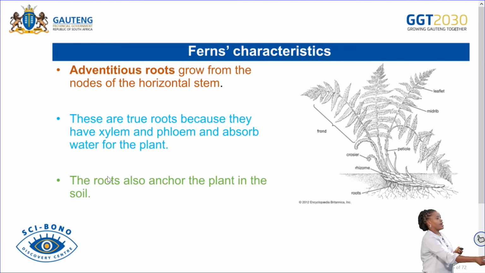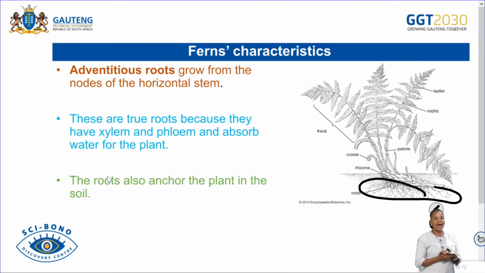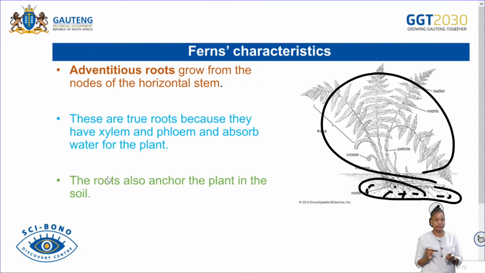These are true roots, and they are able to absorb water and mineral salts for the plant. Secondly, these roots are able to anchor the plant firmly in the soil. In other words, they are true roots, anchoring this whole fern plant in the soil.